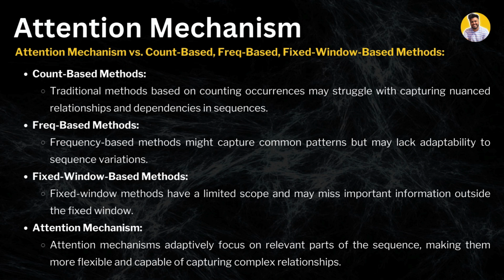Fixed window based methods have a limited scope and cannot capture long range dependencies. But the attention mechanism actively focuses on the relevant parts of the sequence, making it more flexible and capable of capturing complex relationships as well.